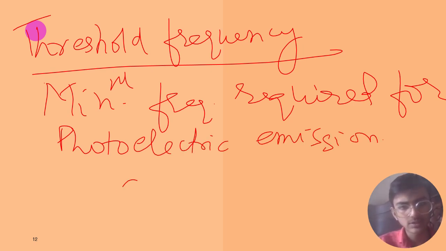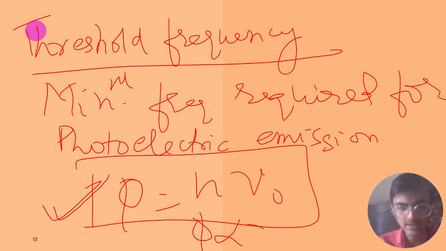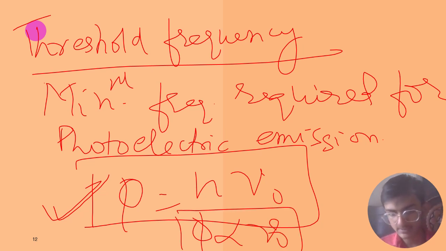Because you see in the equation, for photoelectric emission what we need is a minimum amount of energy that is equal to the work function. So here h is the Planck constant, so phi is directly proportional to nu naught. So this nu naught will behave the same as the work function of the metal behaves.